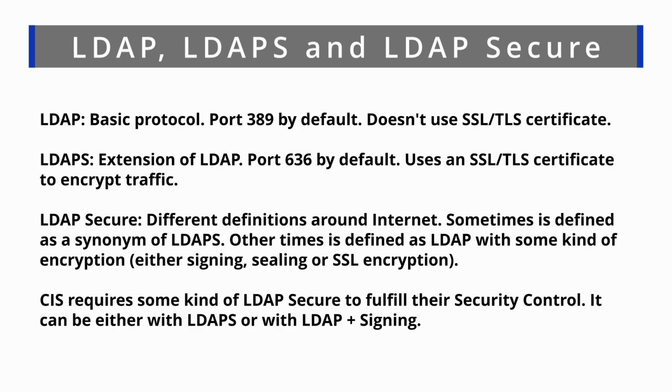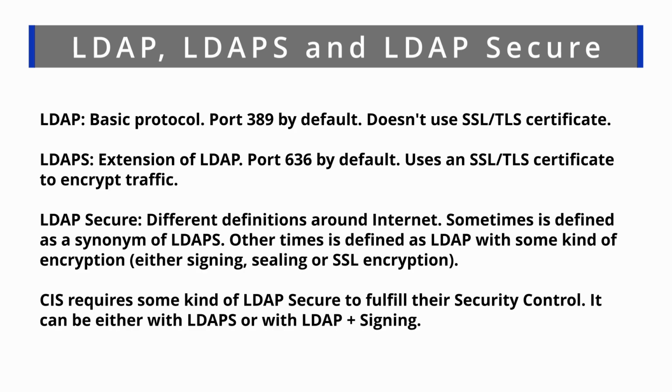Okay. But the main question here is, which is the concept that we are going to work with? So we are going to work against connections that use LDAP that is not secure. LDAP secure is just the thing that Microsoft requires to fulfill the requirements from the LDAP server signing policy.